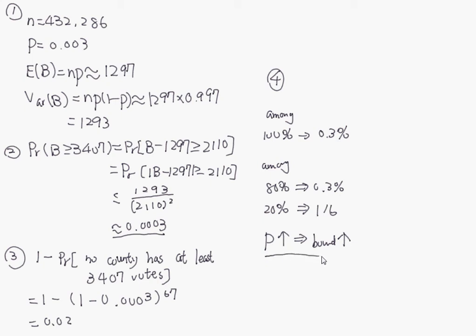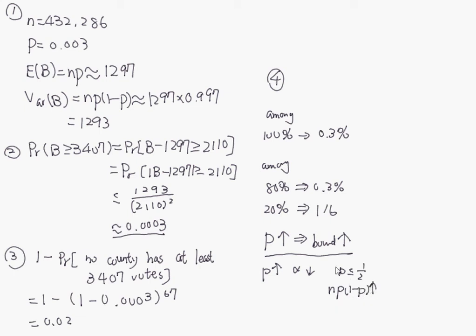But we can have another approach. We know that p is higher. So if we check the alpha and the variance in the Chebyshev inequality, we know that alpha will be lower. And because p is smaller or equal to 1/2, we can also check that the variance np(1 minus p) will become larger.